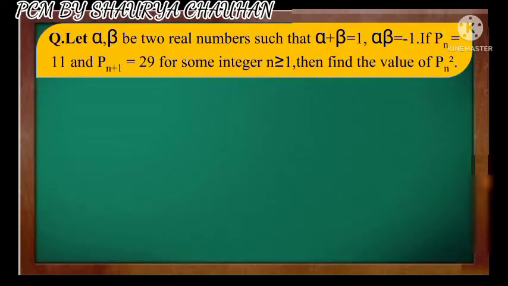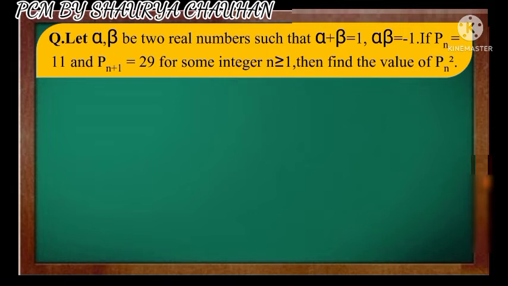Here let alpha and beta be two real numbers such that alpha plus beta is 1 and alpha beta is minus 1. So here we are given the sum of alpha and beta and the product of alpha and beta. If Pn is 11 and Pn plus 1 is 29 for some integer n greater than or equal to 1, find the value of Pn square.